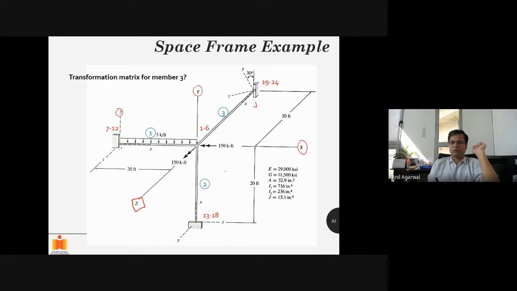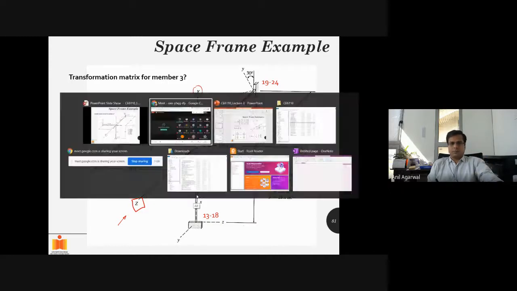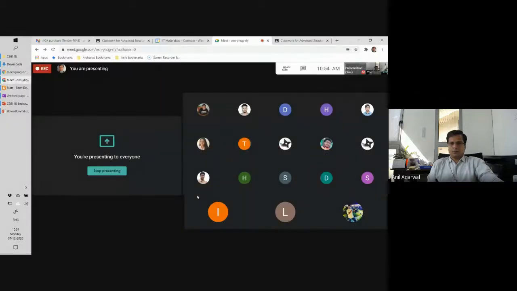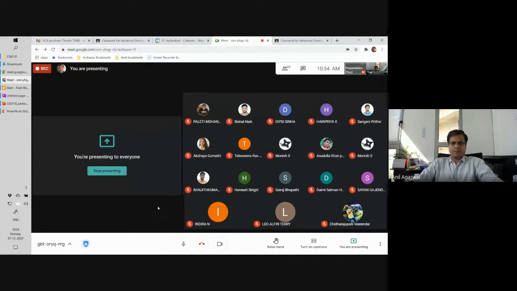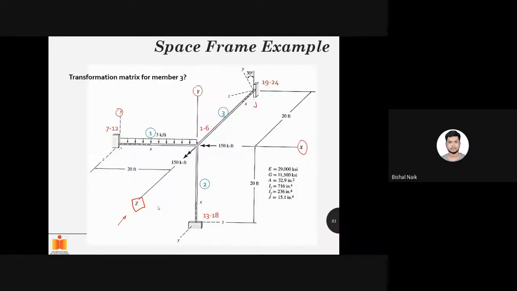So what rotation do we need to do? Vishal? Yes, sir. So I have to rotate global x 90 degrees towards vertical.